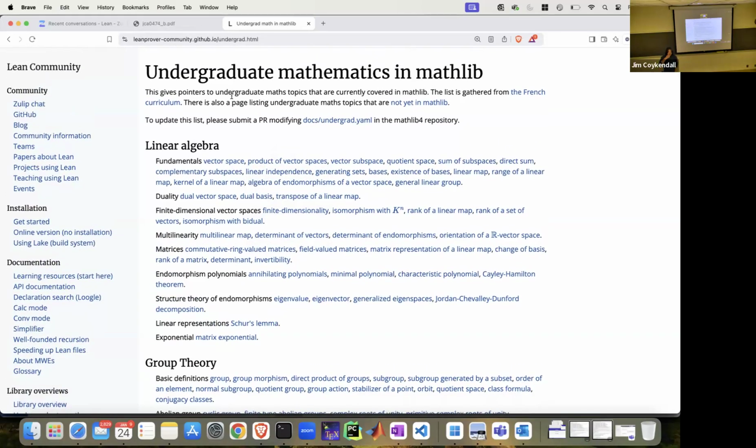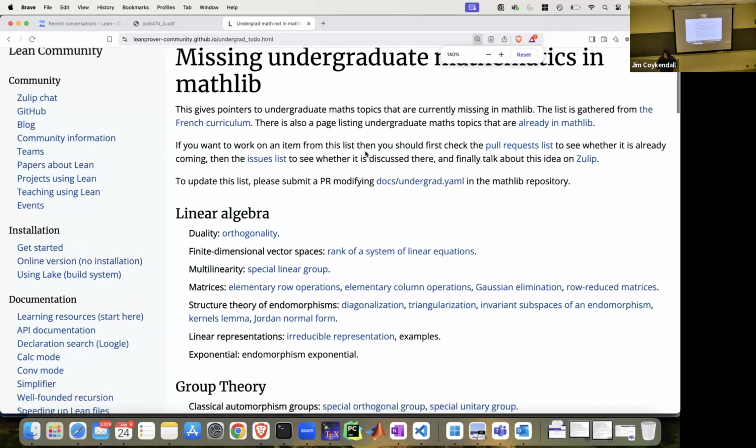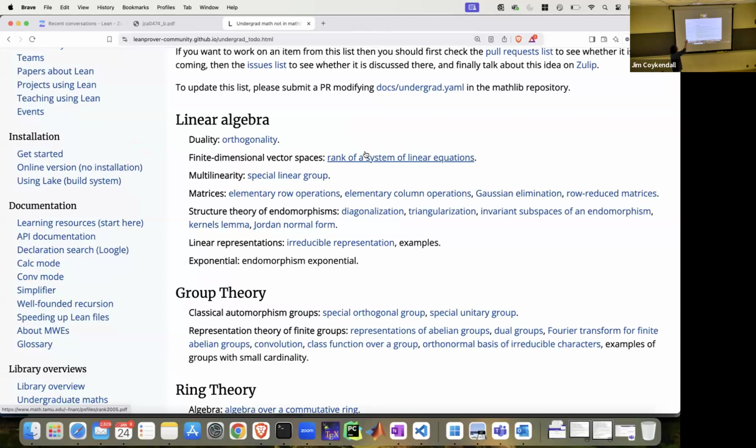we're just going to use undergraduate math topics over here. There is a list of undergraduate topics that are covered, and the topics that are not covered. It might be easier if you just take a look at the ones that are not covered. For example, for my field in optimization, there was barely any research in that direction until a couple months ago.